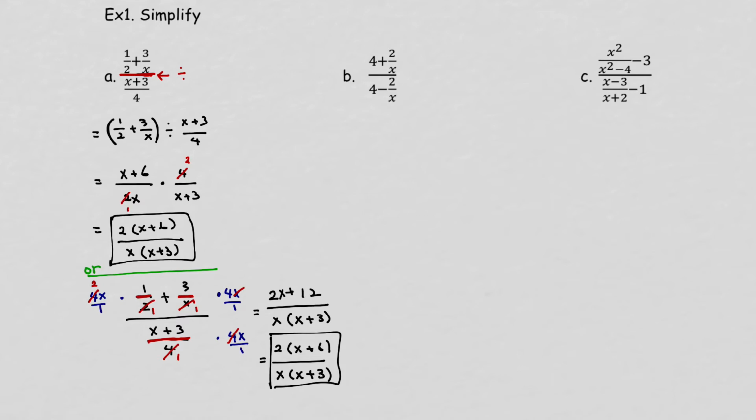Let me see. How many small denominators do I have? 1 and 2, right? But then in this one, you have the same thing. So basically what you need to multiply here to get rid of the small denominators is x over 1.